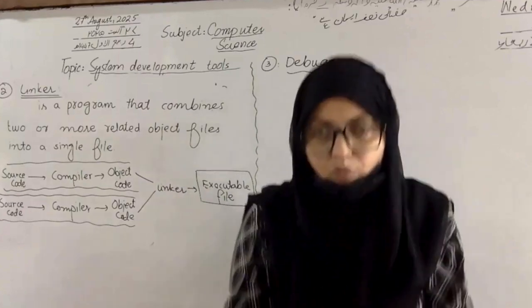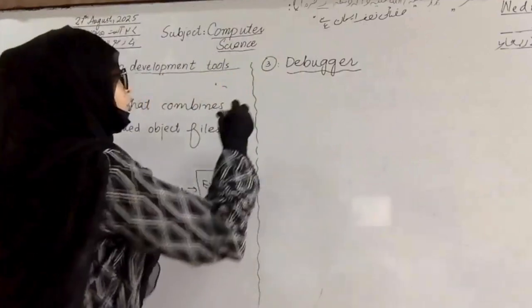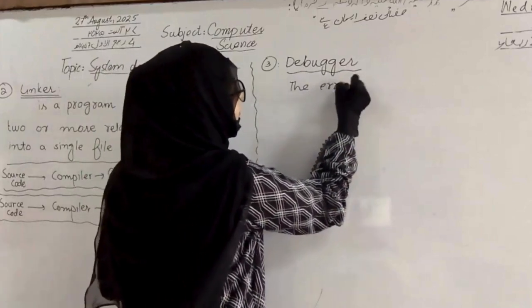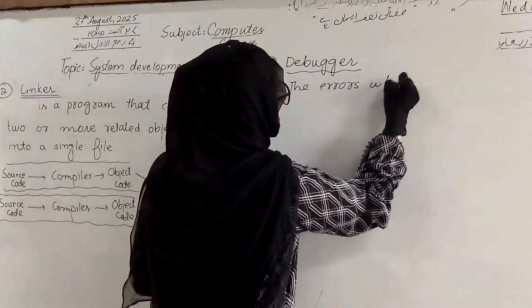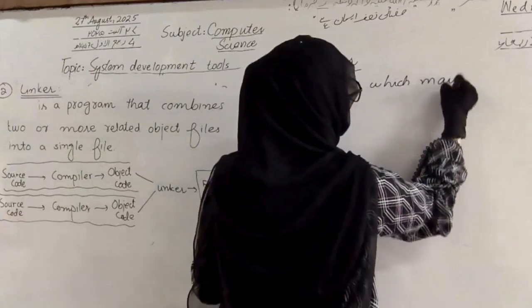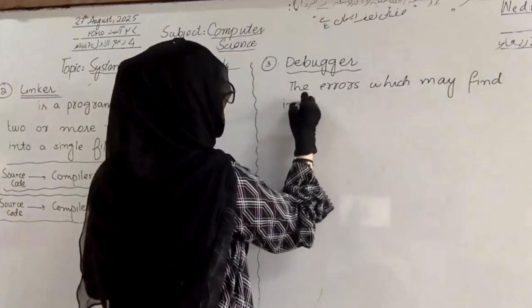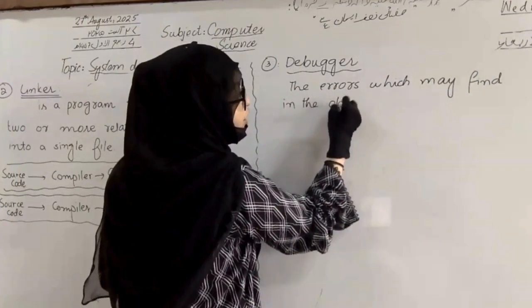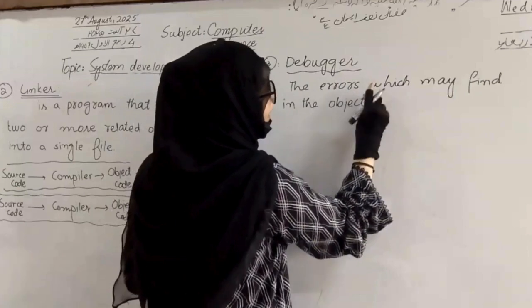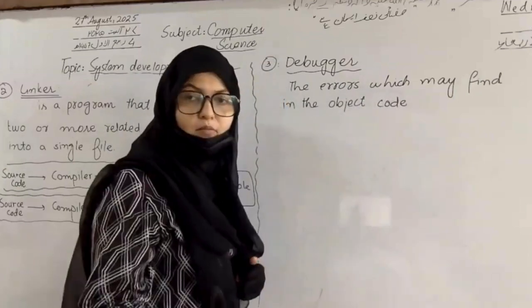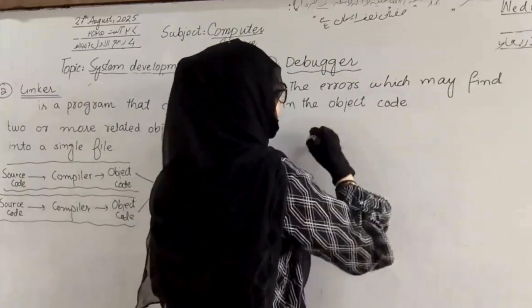Okay, so first of all, I am going to tell you about the bug, the errors. In the object code, meaning the programming language or the machine code or low level language, any word you can use.